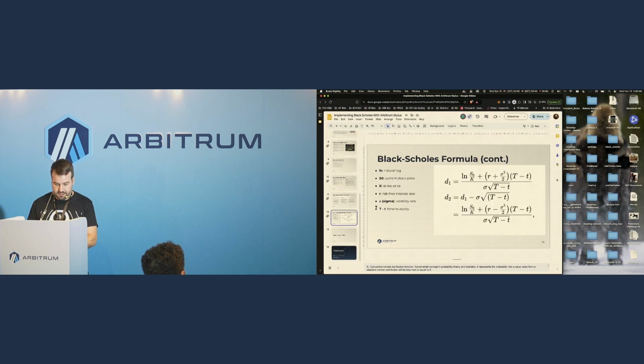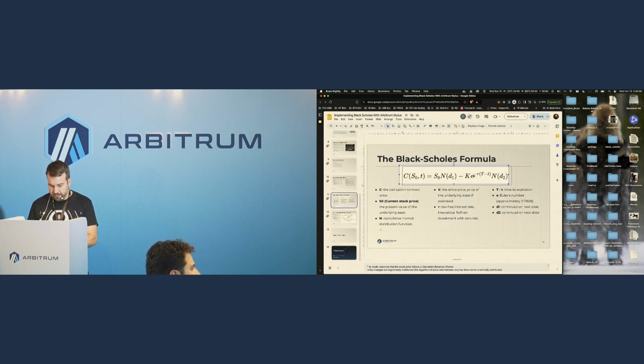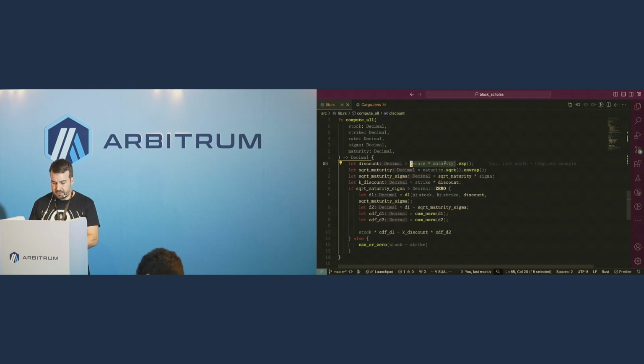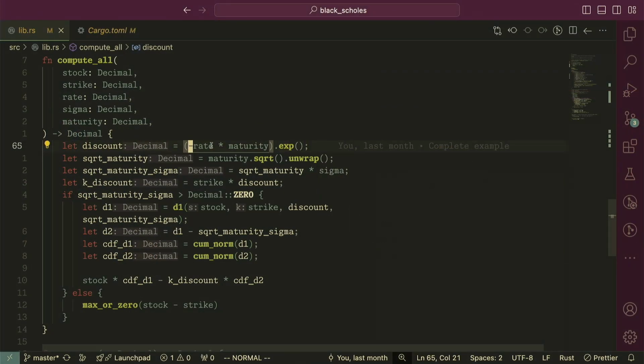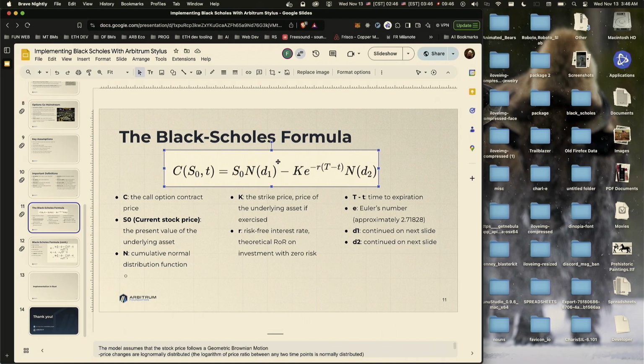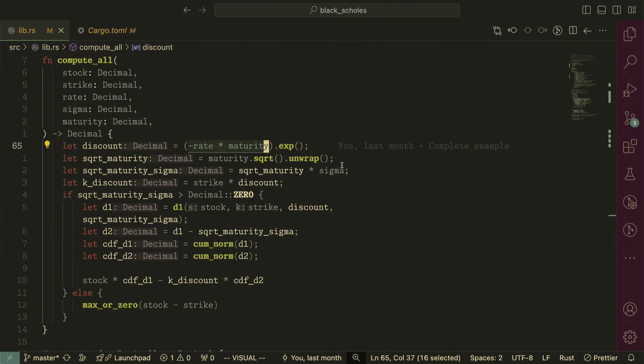If I go down here, this part of the formula, e to the negative r times t, that's what this is. This is just e to the x. This is Euler's number, and then that's the x. So we're just porting that over directly.